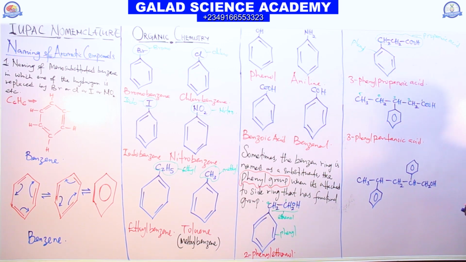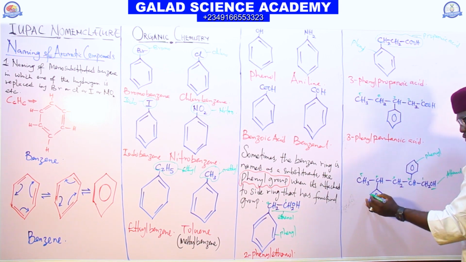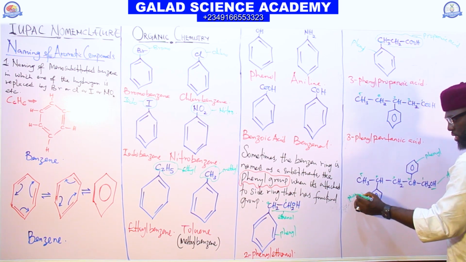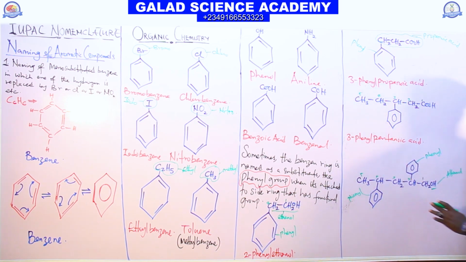So you can see the carbons 1, 2, 3, 4, 5. The OH here tells us that the compound is an alkanol. And this benzene here serves as a phenyl substituted group, and this one is also a phenyl substituted group.